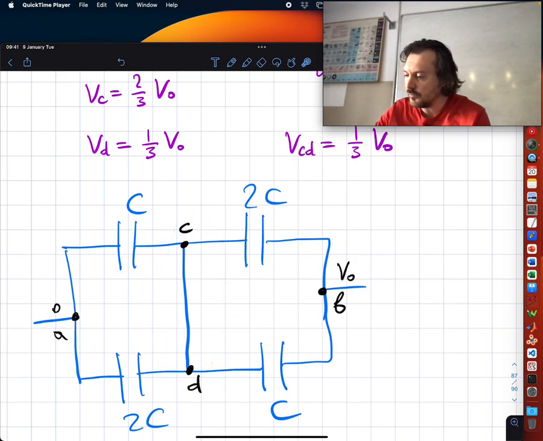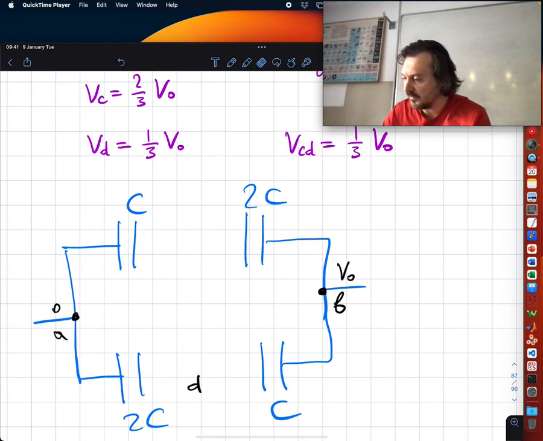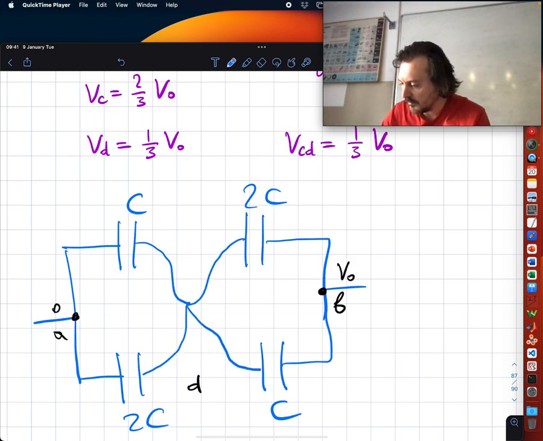Whenever you have 2 points connected, just giving you some advice here, you can think of them like this. Do you see what I did there? Because of this symmetry, with 2C, C, 2C, C, this point over here will have the potential V0 over 2. Let me now go back.